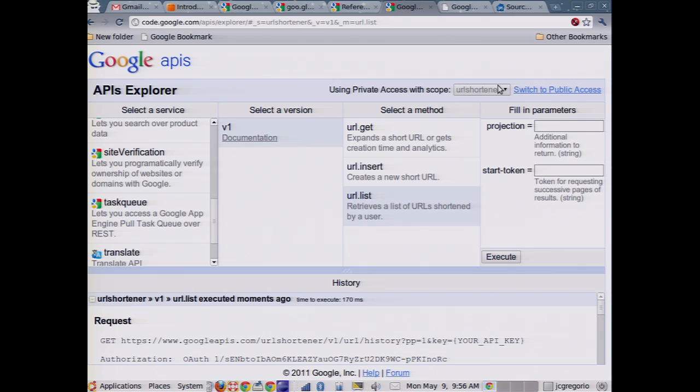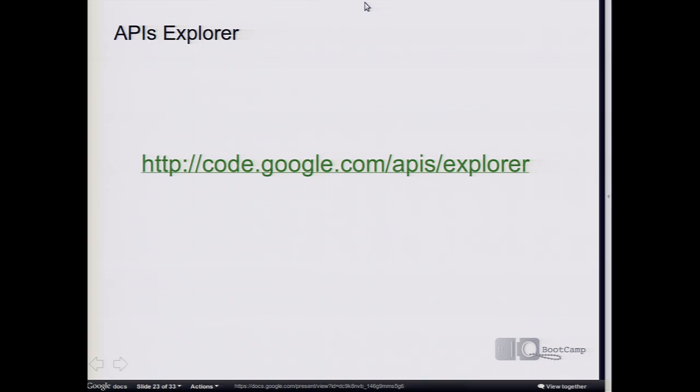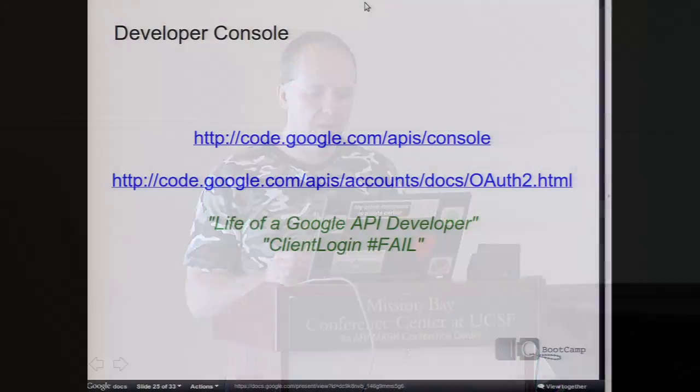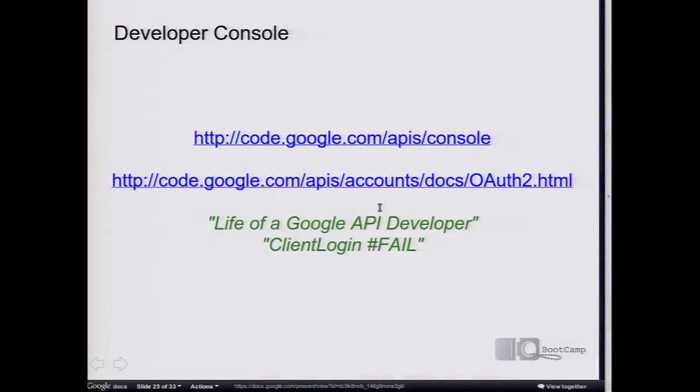So there was this idea, though, that I had to log in. All right, that's APIs Explorer. Now APIs console. So OAuth. I'm not going to go into a whole lot of detail on OAuth, but there's a few little bits you need to know. So that leads us into the next tool that we have, which is APIs console. If you want to learn more about OAuth right now, there's the, unfortunately, unshortened link to the OAuth 2 documentation.